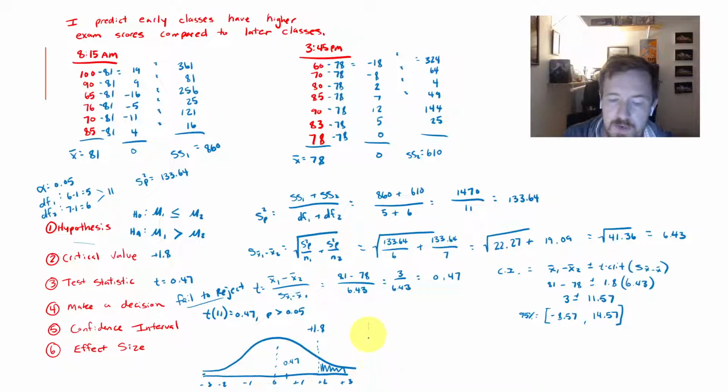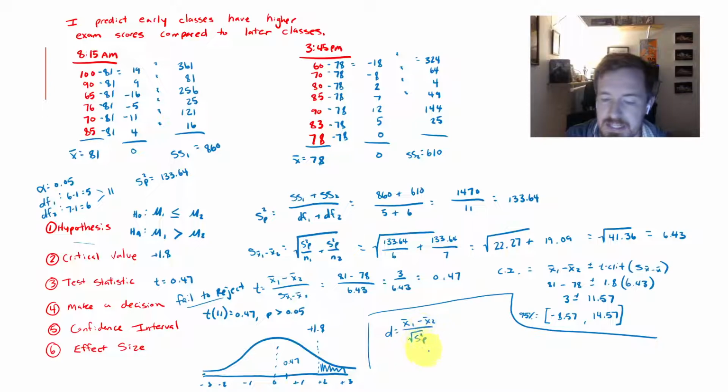And then finally, we're going to be moving over to the effect size. The effect size is going to be this: x bar 1 minus x bar 2 divided by the square root of the pooled variance. So it's a slightly different denominator, but we already have most of these pieces. So Cohen's d is going to be equal to 81 subtracted by 78 divided by the square root of the pooled variance, which is 133.64.